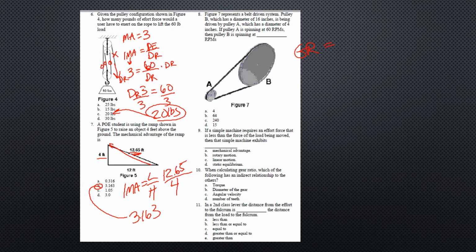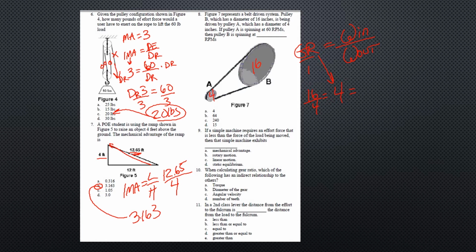That equation, your rotation in over your rotation out, is what we're going to be given. If this has a diameter of 16 and this has a diameter of 4, my gear ratio is going to be 16 over 4, and that's going to divide out to 4. So this GR equals 4.